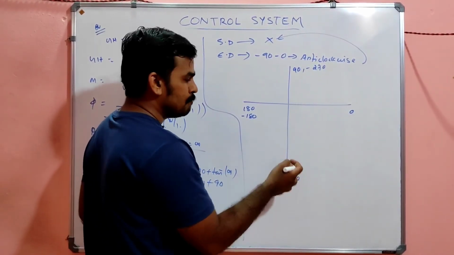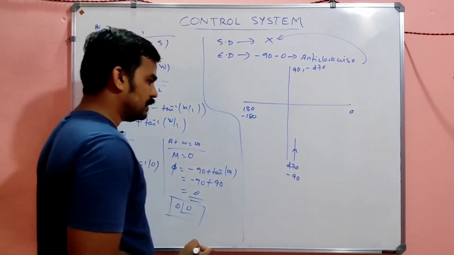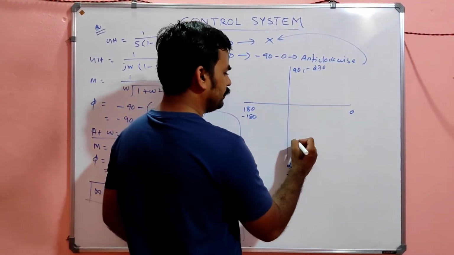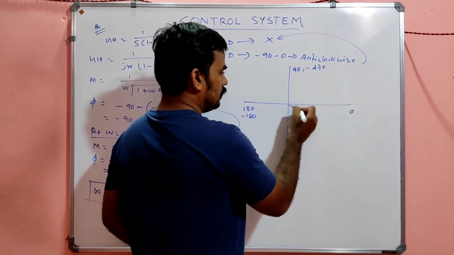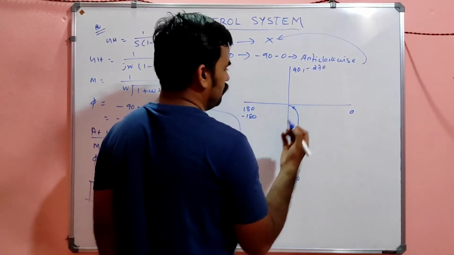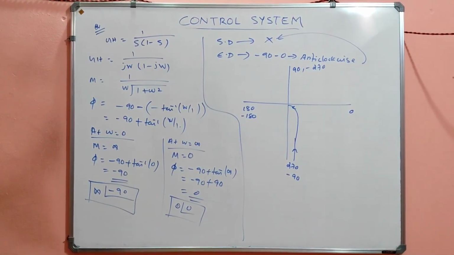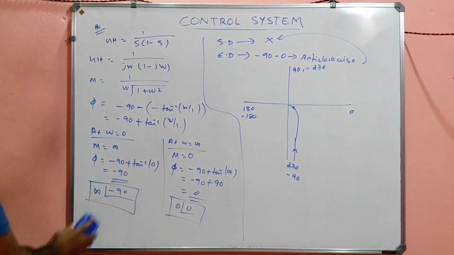Anti-clockwise means left or right, my dear? You have to start with right. And 0 angle 0 you have to end with. And that is anti-clockwise. So simple, that's the plot, my dear. Is it clear?